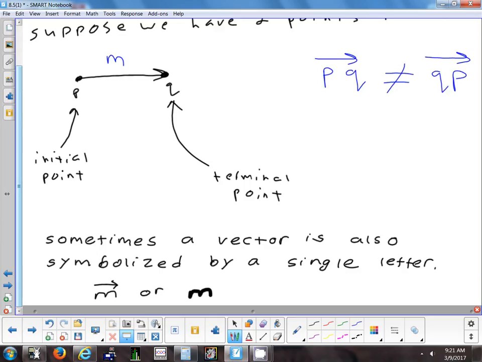So I have to distinguish it from a variable that you'd see in an equation. There are two ways to do it. One, put an arrow over it. So now you're telling me that this is vector M. That's the name of it. Or, if you don't want to put the arrow over it, you can make it a bold letter. Bold letters are also used to represent vectors.